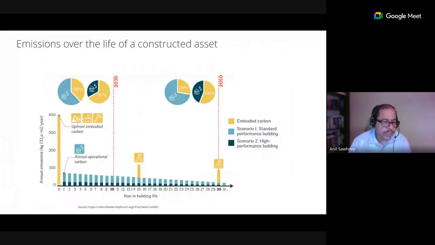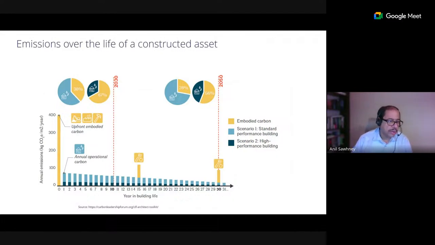Okay, so typical office building, right? Emissions, we've talked about embodied, operational, and so on. What are the typical emissions? So this is the Carbon Leadership Forum sample building, a 30-year estimate over the life of this building. You can see the yellow bars are your upfront embodied carbon.